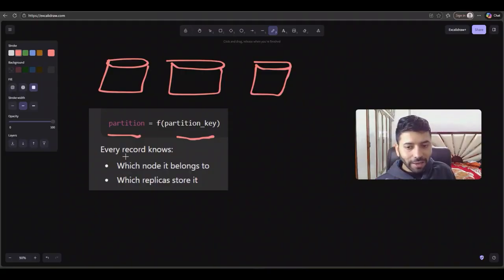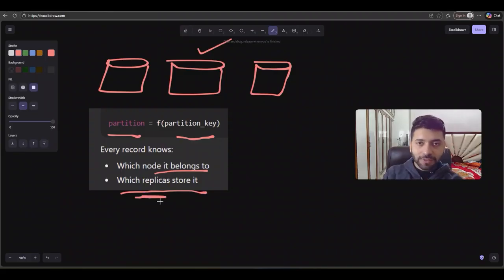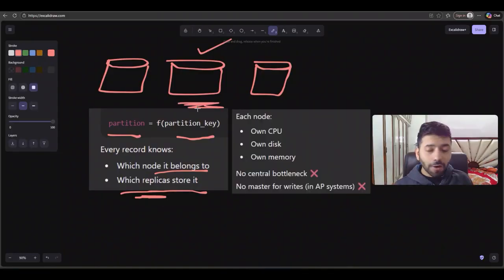But the main point is every record will know which node it belongs to, and which replicas store it. Now we will have replicas just like SQL, because replicas were there for scaling read operations, and we would require that in NoSQL as well. Another important part of NoSQL is that each node has its own CPU, disk and memory. So in this case, there are no central bottlenecks and there is no master for writes.